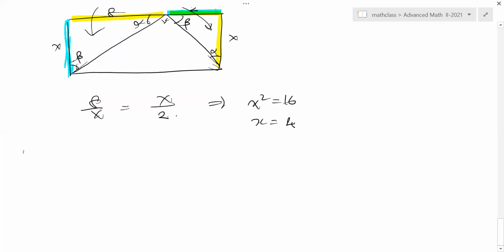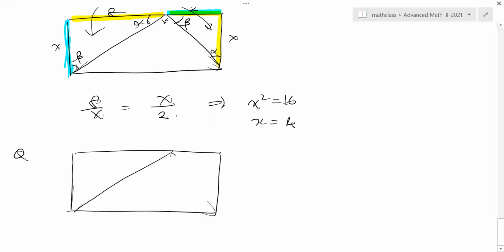All right, so now let's try another problem. Again, I have a rectangle, and inside I do have a right triangle.